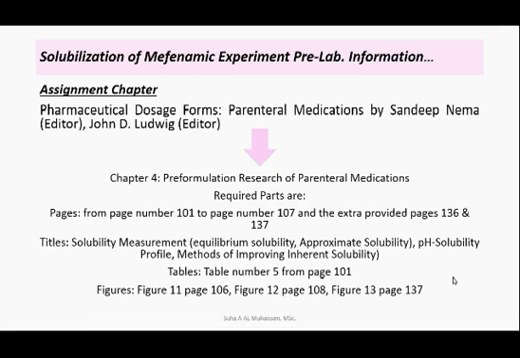For this cycle, you will have an assignment chapter. This chapter has been uploaded to your e-learning page under this topic. Notice that the required information is that highlighted in yellow.